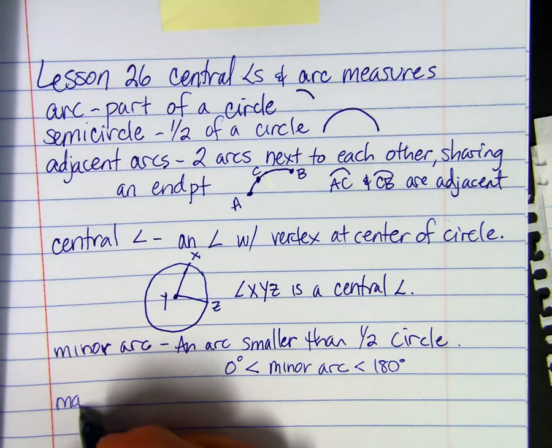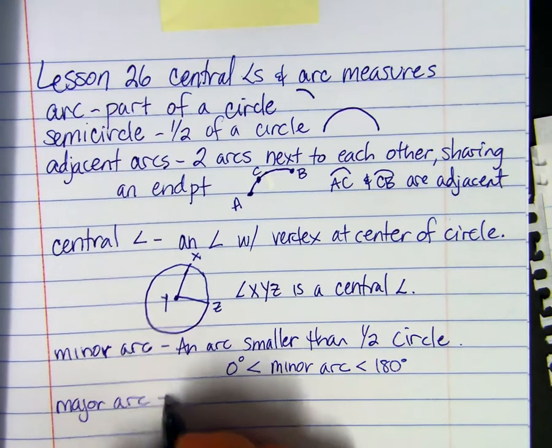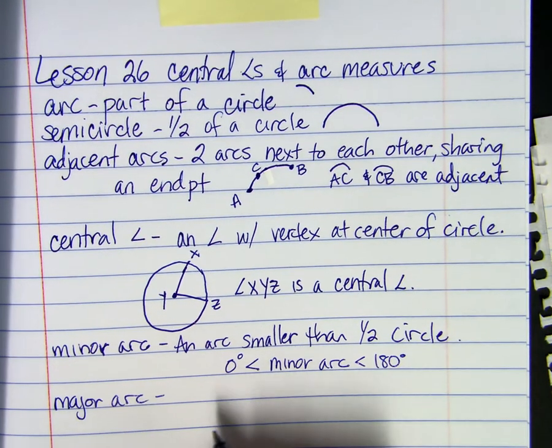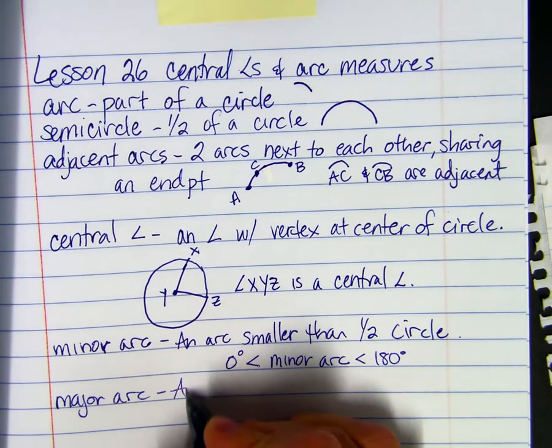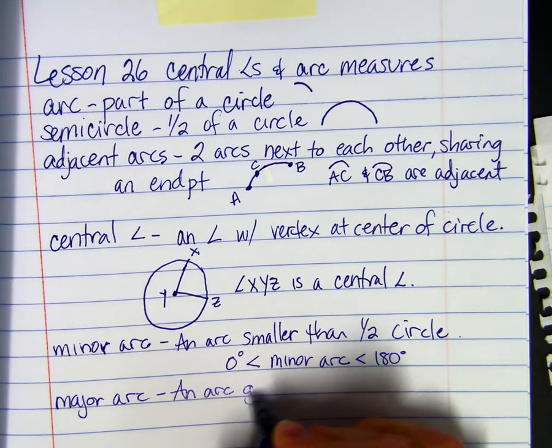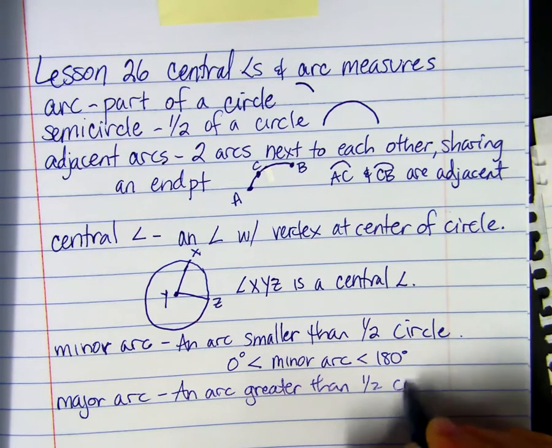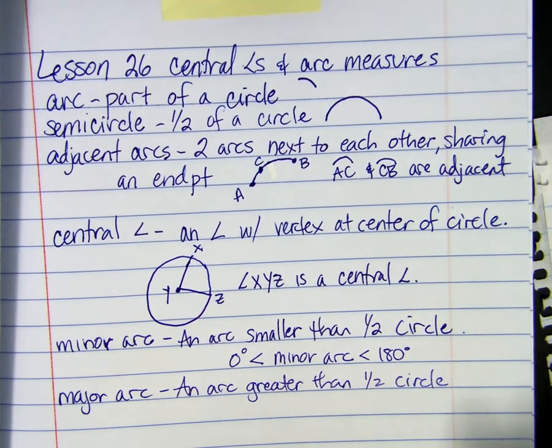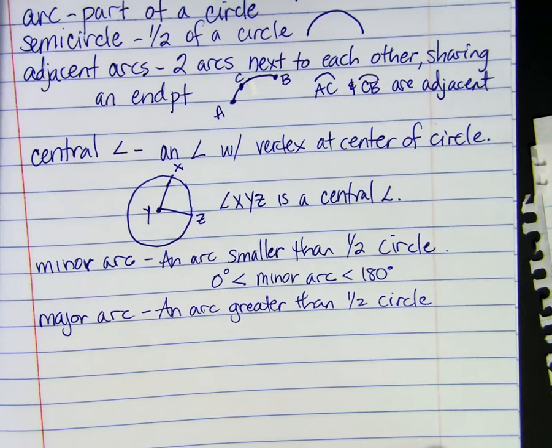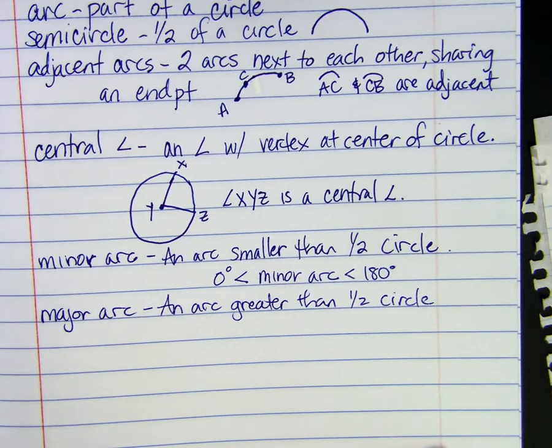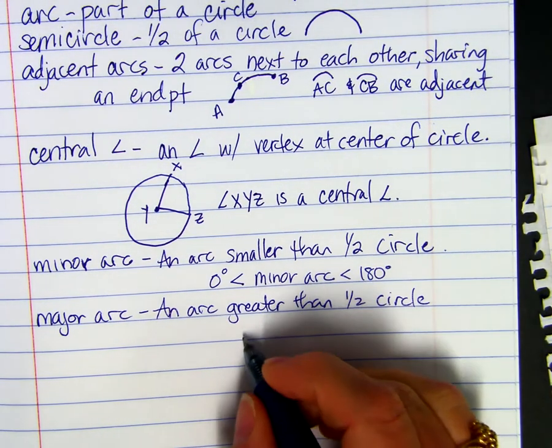And a major arc is an arc greater than half a circle. So its measure will be between 180 degrees and 360 degrees.